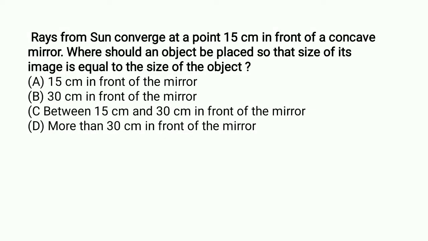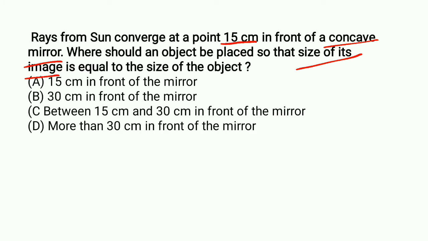Next question. Rays from the sun converge at a point 15 centimeter in front of a concave mirror. Where should an object be placed so that the size of its image is equal to the size of the object?